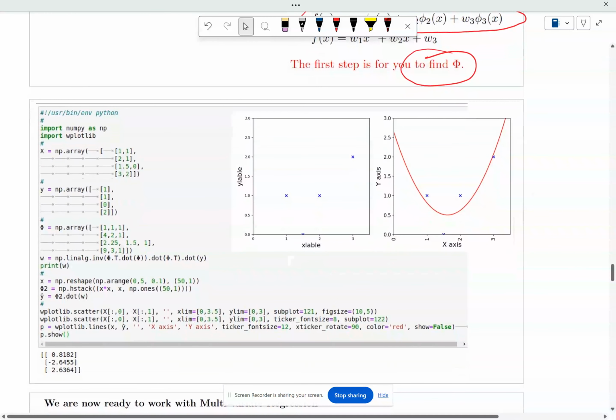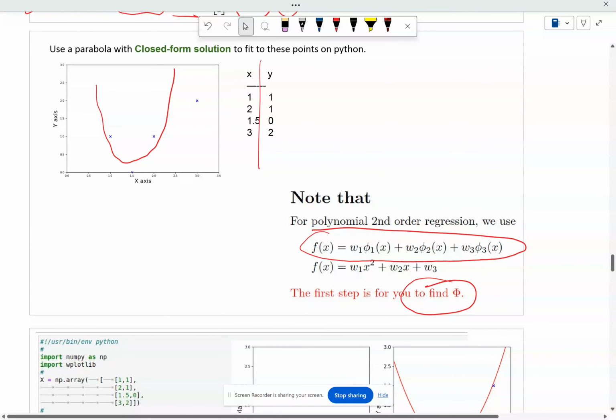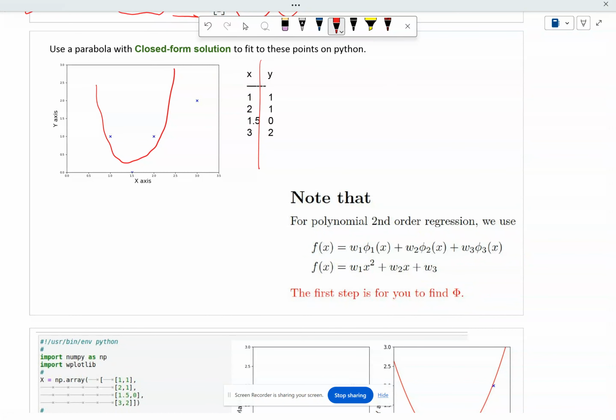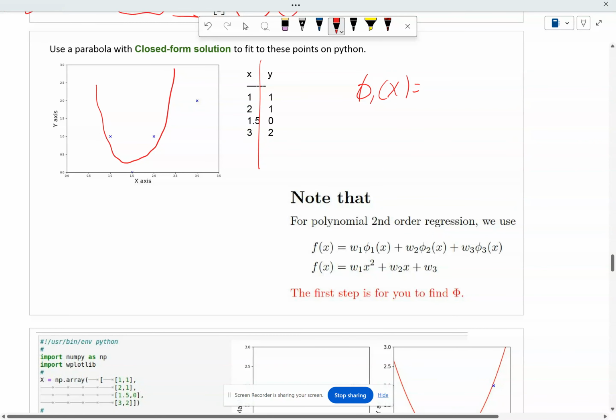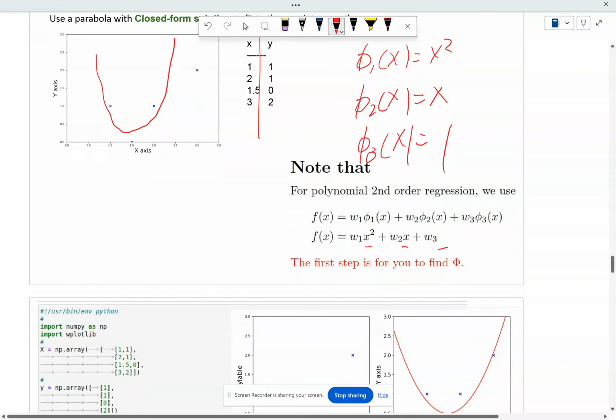All right. So what is phi? Well, phi 1 should be equal to x squared. Phi 2 is equal to x. Phi 3 is equal to 1. Right? So that's basically what I told you here.